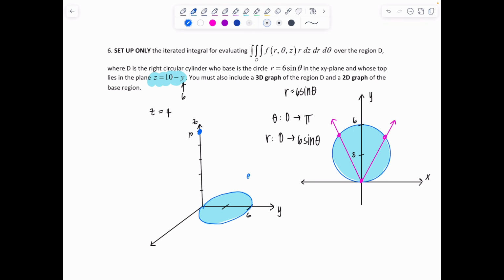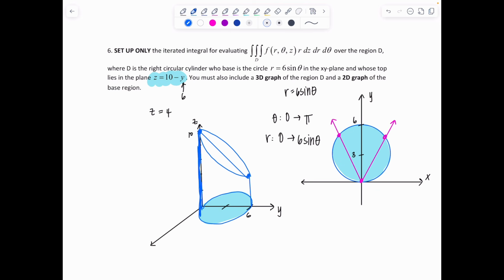So 2, 4, I scaled by 2. So it's going to be like this. It comes down, but imagine what was happening. This was a cylinder all the way up. This plane slices it. So if you had a cylinder going all the way up and then it got sliced by a plane, it's going to be slanted like this, and then there's this backside here. Good. Kind of looks like some lipstick. Have you ever seen lipstick unrolled?